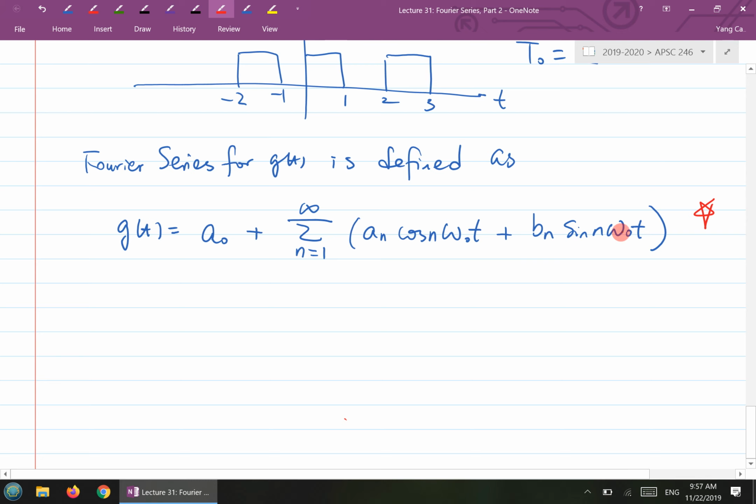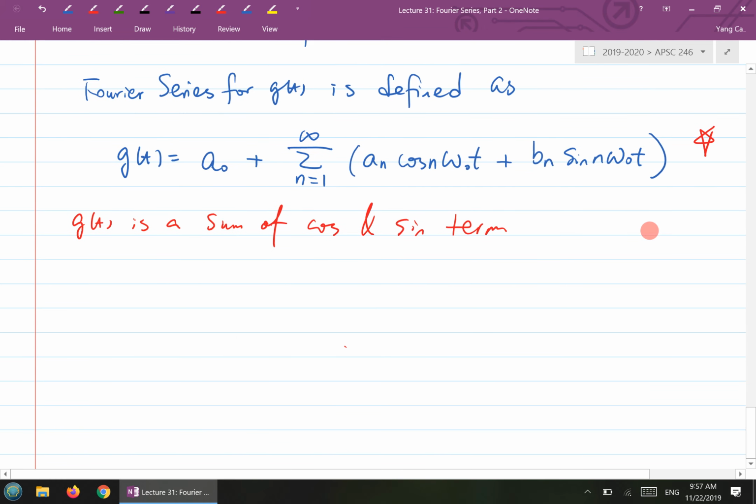So you have cosine omega naught t, 2 omega naught t, 3 omega naught t, and 4, 5, it keeps going. Now you can see that g of t is a sum of cosine and sine terms.